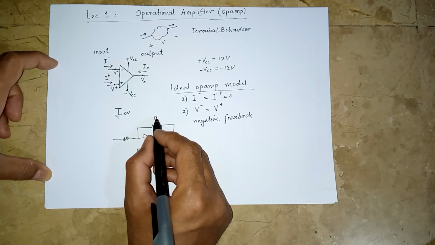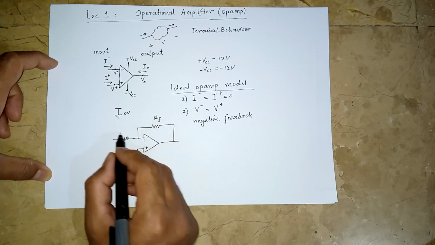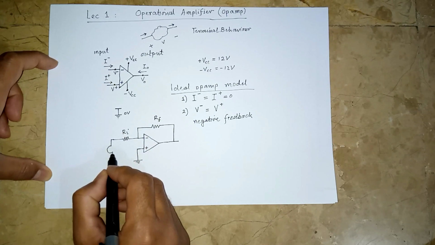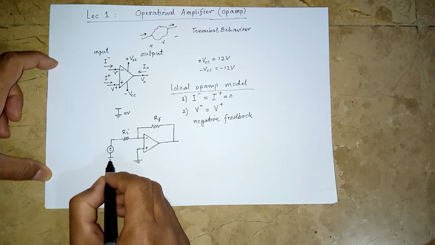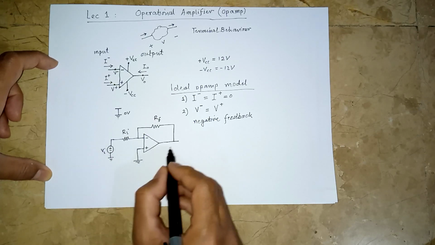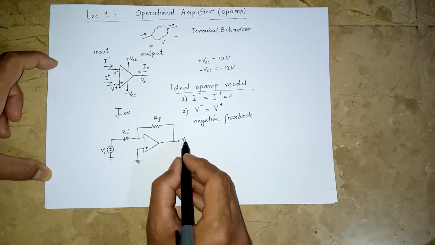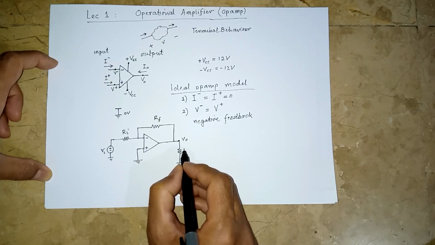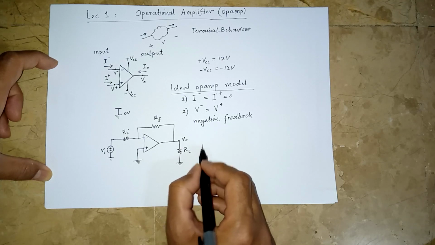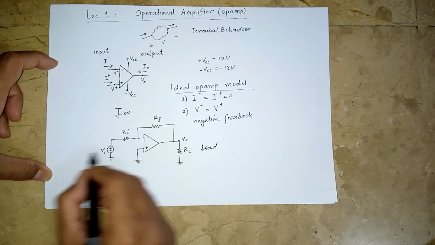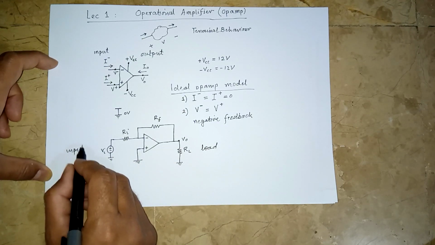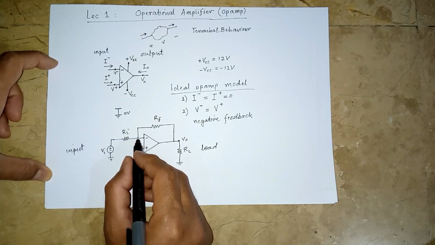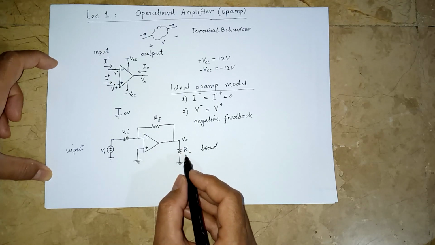So we have a resistor here, the feedback resistor, the input resistor, and we have an input source here. Let us say it is Vi, and we have the output here, Vo, and maybe some load connected here, say RL. This is the load resistor, this is the input source or output of some other circuit, and this is a typical operational amplifier circuit.